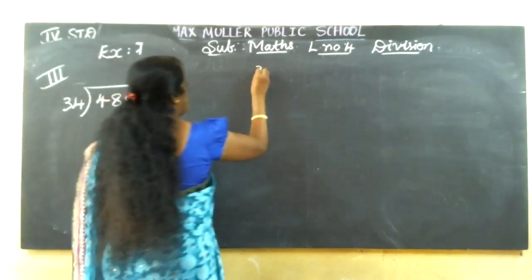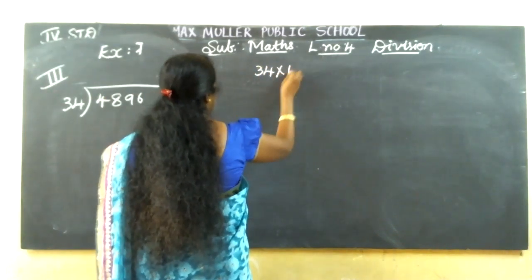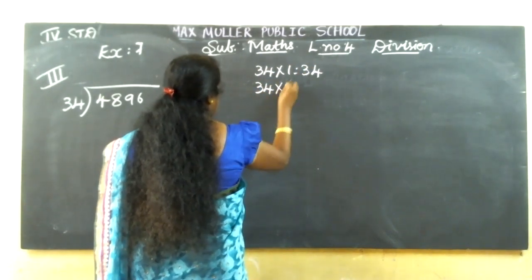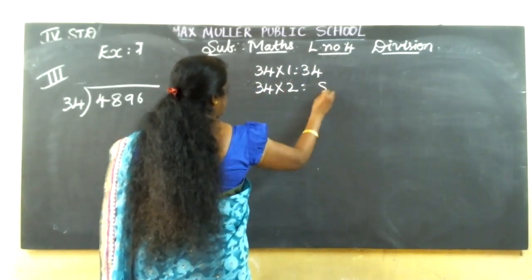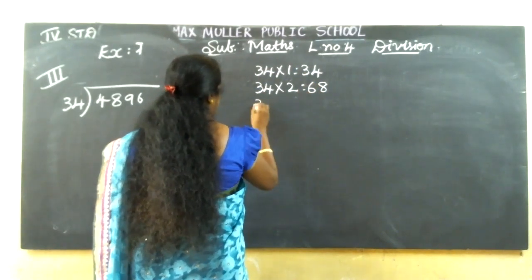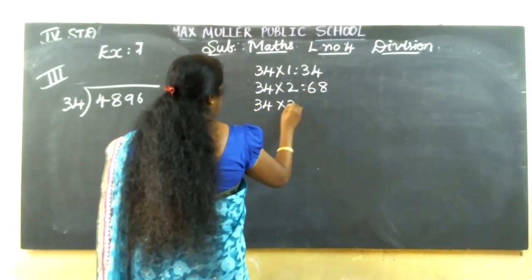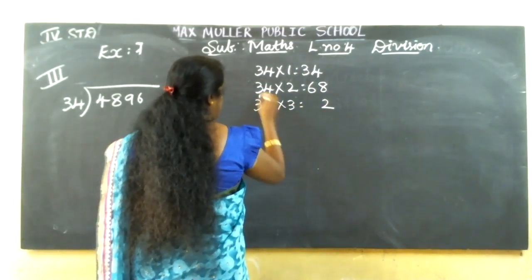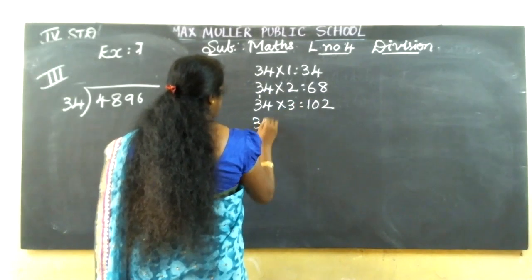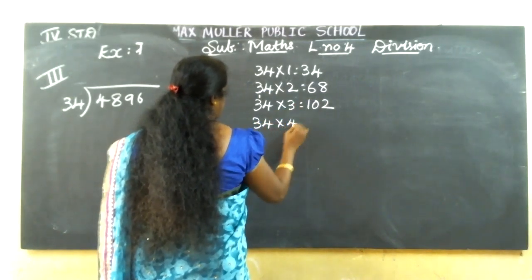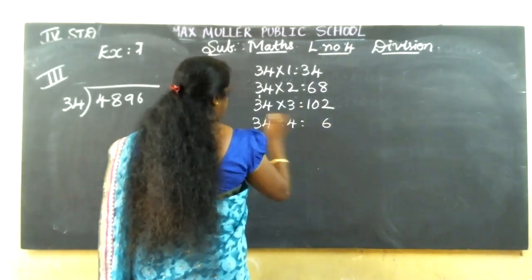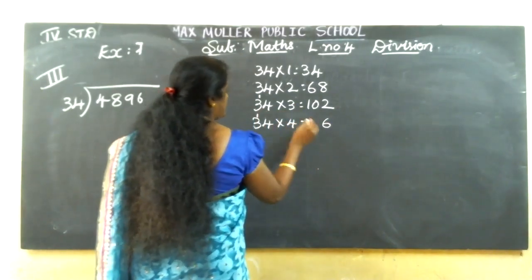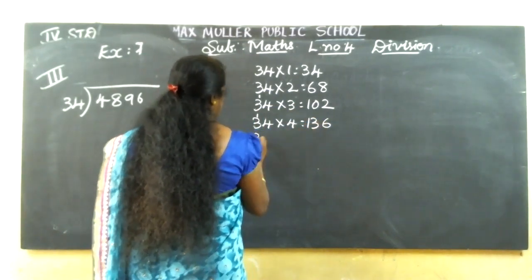What I told? 34 ones are 34. 34 twos: 2 fours are 8, 2 threes are 6. 3 fours are 12, 1 carry, 3 threes are 9, 10. 4 fours are 16, 1 carry, 4 ones are 4, 4 twos are 8, 4 threes are 12, plus 1, 13.